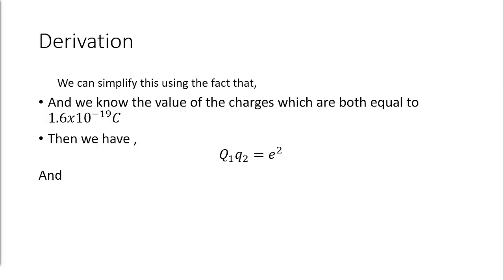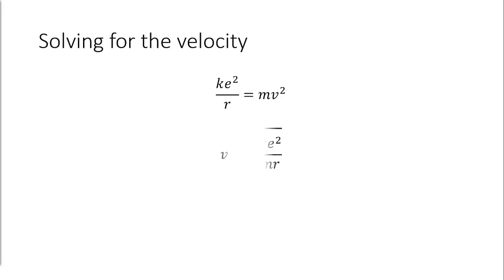We can simplify the formula stated above as K times e squared all over r squared equals mv squared all over r. Solving for the velocity of the electron, taking the square root of both sides gives us the velocity of the electron in the hydrogen atom. v is equal to the square root of K times e squared all over mr.